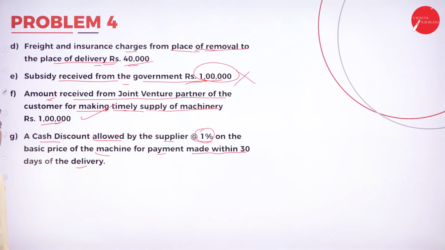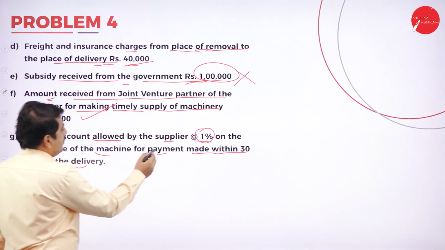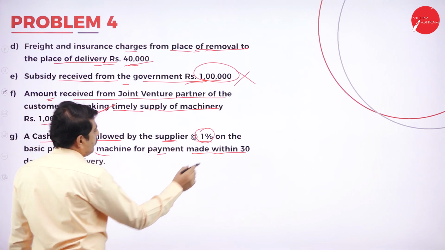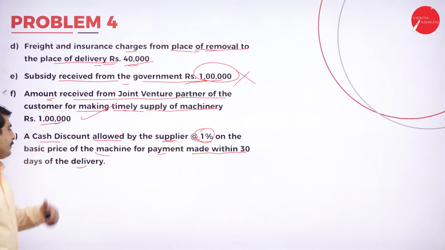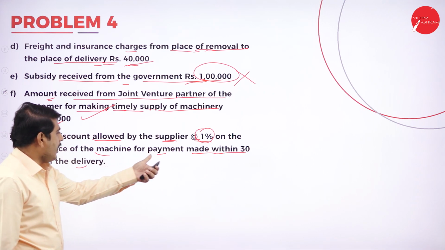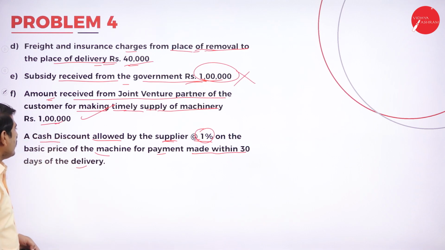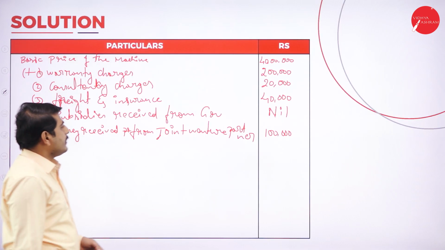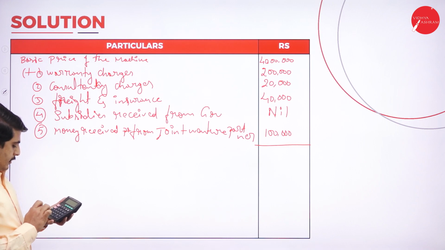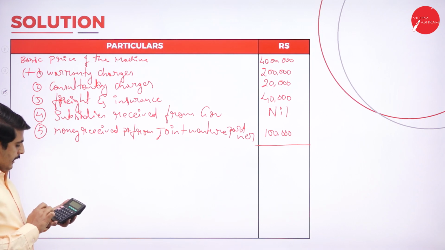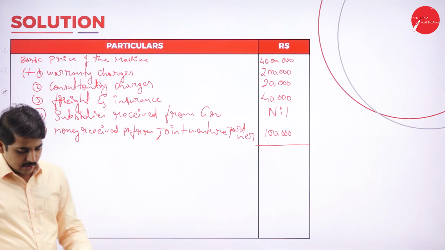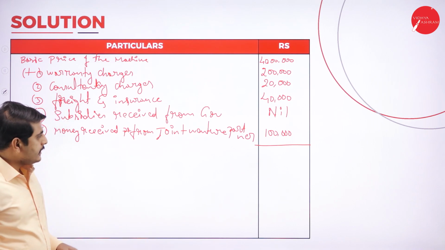Now next item, a cash discount is allowed by the supplier at 1% on the basic price of the machine for payment made within 30 days. So that can be deducted. Let's first add all the items. 40 lakhs plus 2 lakh plus 20,000 plus 40,000 plus 1 lakh. So total it is 43 lakh 60,000.